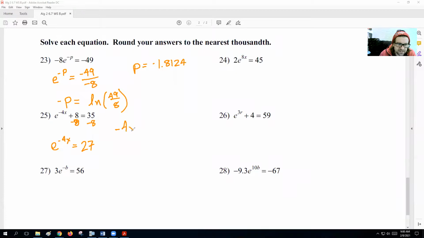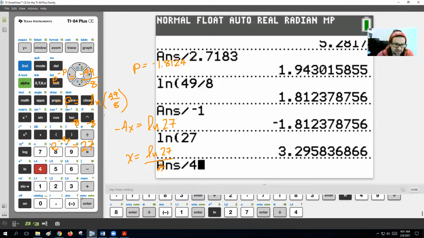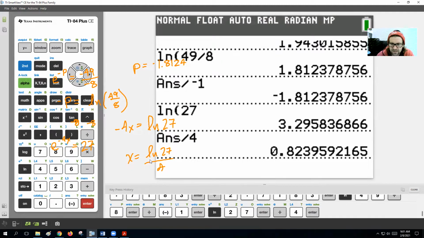So we get negative 4x. To get rid of the e, we have to take the natural log of 27. And then if you want to get real fancy, you can actually say x is equal to the natural log of 27 divided by 4. And then just plug that into the calculator. Just take your time, do the natural log part first, and then divide by 4, and there's your answer, 0.824.